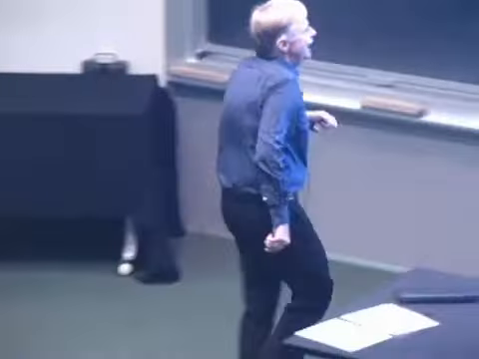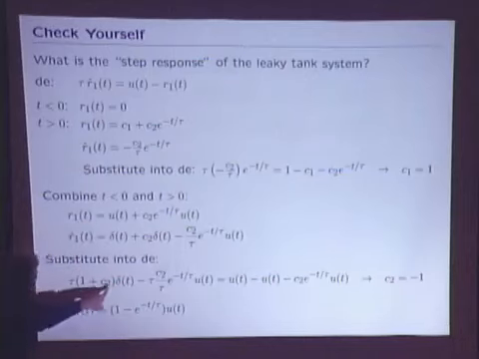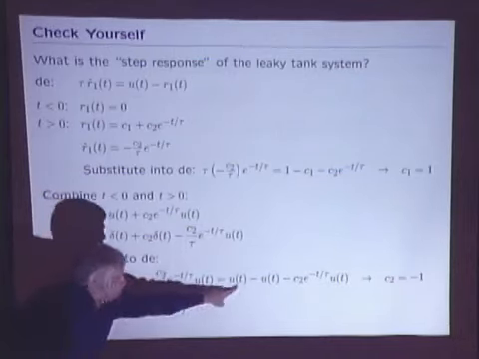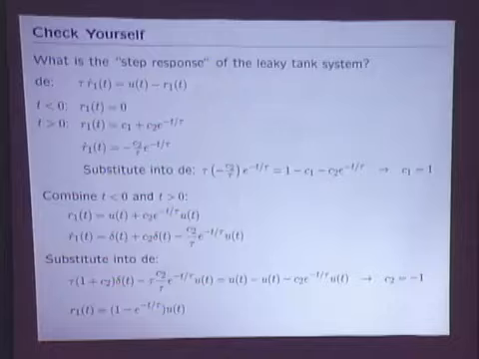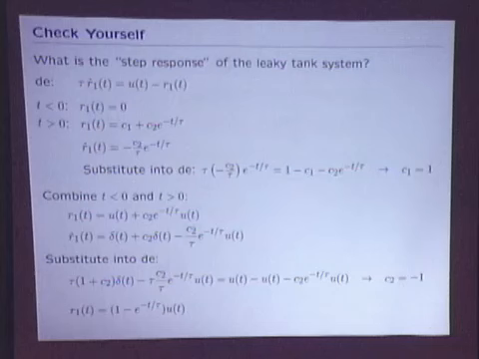If you do that, you find that to match the delta functions and the u functions, it places additional constraints on the constants, and the answer looks like this. Everybody sort of sees what I'm saying?